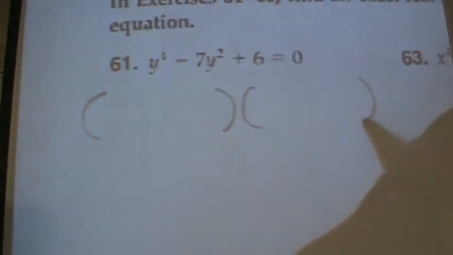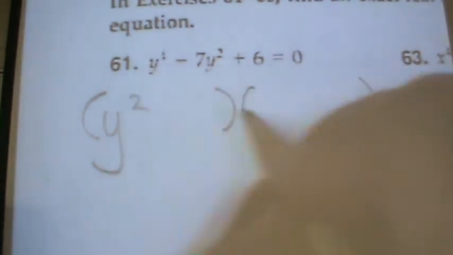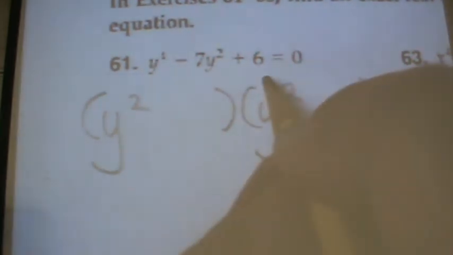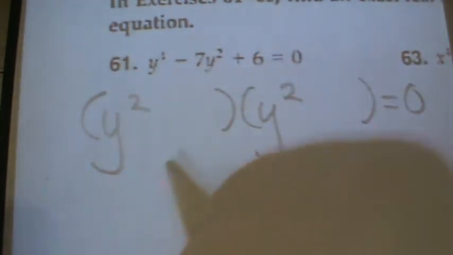Okay, these are to the 4th power. You can do these. I know it's hard to read, but you're going to simply factor it. What times what is y to the 4th power? Y squared, y squared. What times what is 6 but adds to be -7?